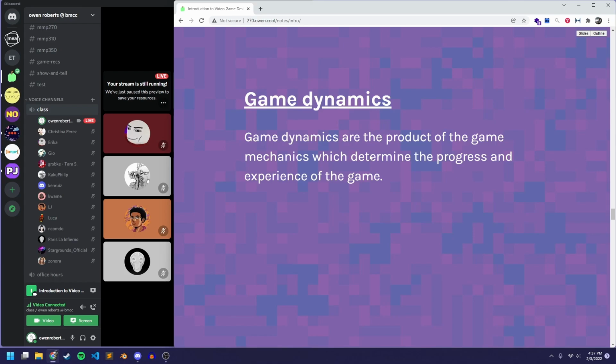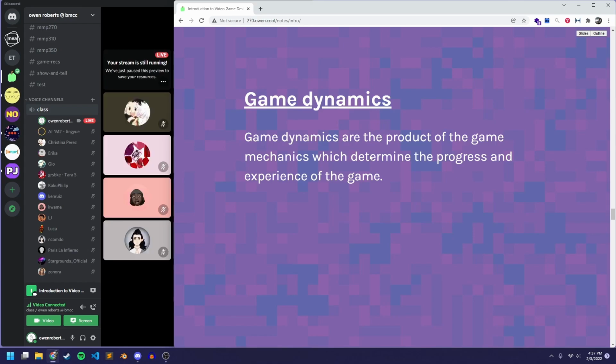The game dynamics are how do those rules play out over time? So obviously in chess, the game takes a long time. There's a lot of different moves, but depending on the sort of knowledge or skill level of the player, there's a certain number of different types of chess games that might emerge from these rules. So game dynamics is our mechanics played out over time.